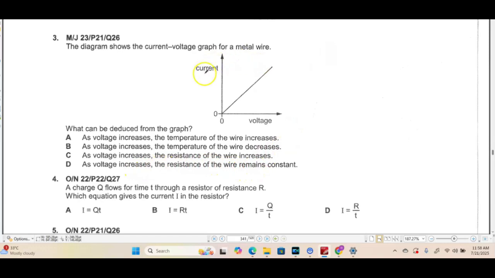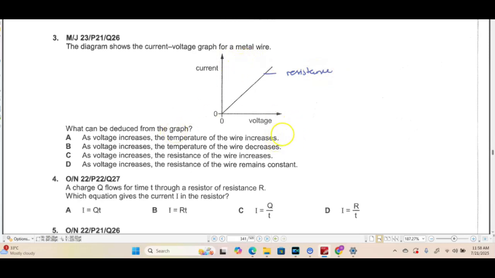Whenever there is a graph between current and voltage, it gives you an insight into resistance. Its gradient basically gives you resistance. So while looking at the graph, what can be deduced?